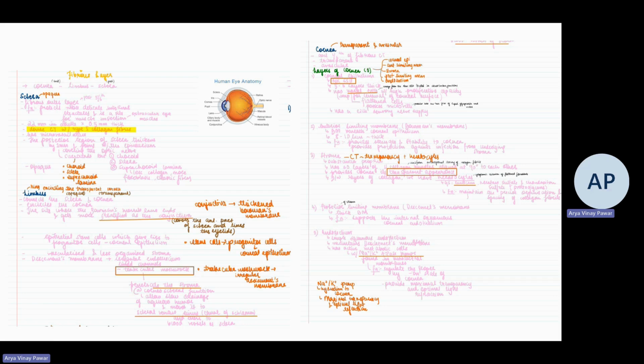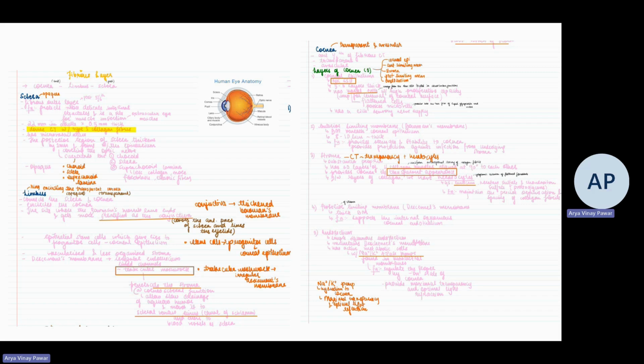We see a variation where it becomes from the simple squamous epithelium and forms a trabecular meshwork. This is to facilitate the flow of the aqueous humor in the anterior chamber of the eye, and it moves to the scleral venous sinus, the Schlemm's canal, where we also see the emptying of blood vessels.